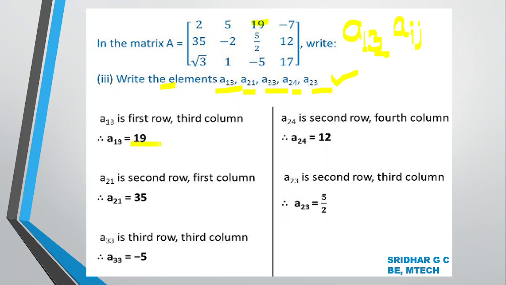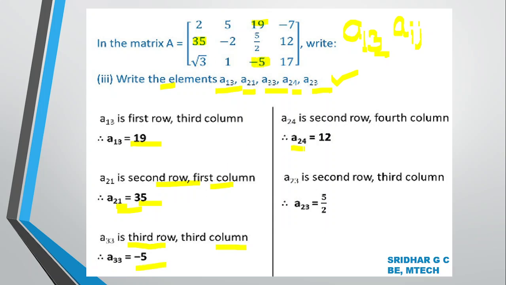Here you can see. Next, A21 indicates second row and first column, so it is 35. Next, A33 is third row and third column, that means minus 5.